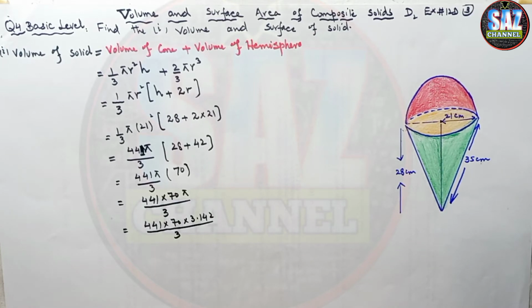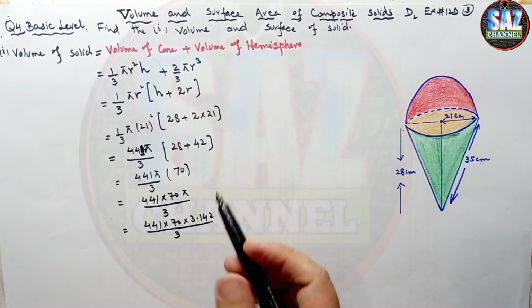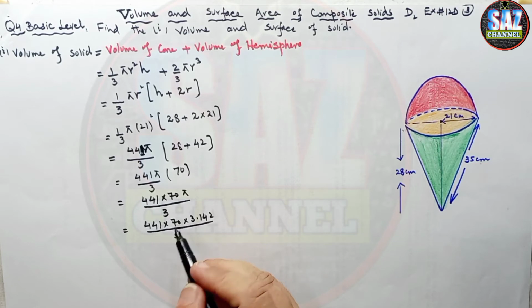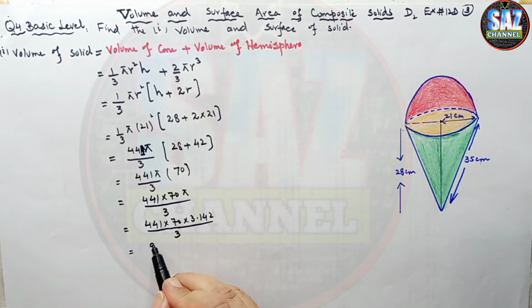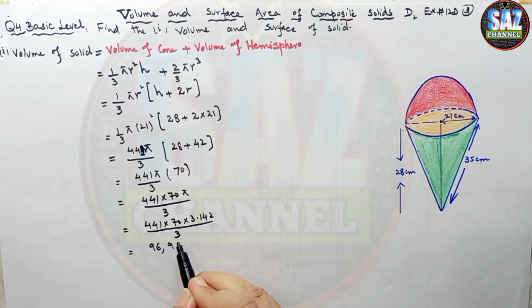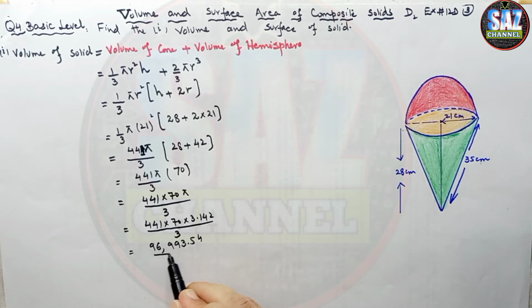441 multiplied by 70 multiplied by 3.142, and this gives me 993.54 by 3.